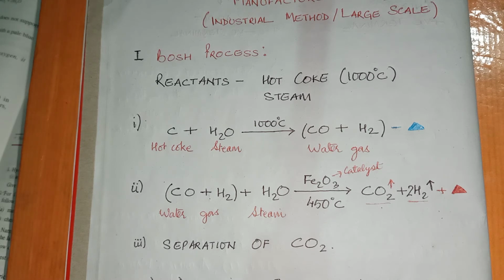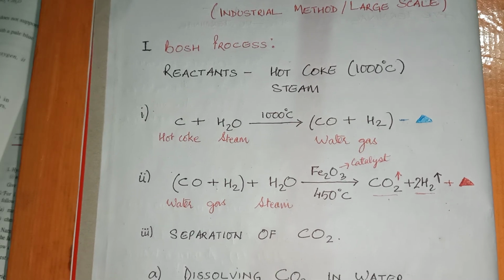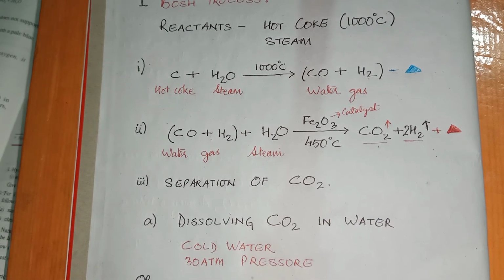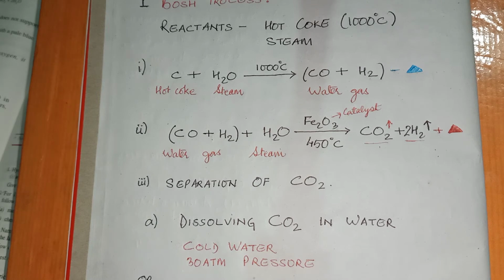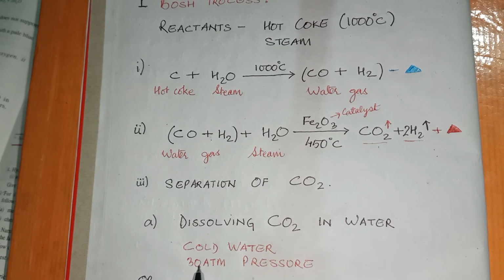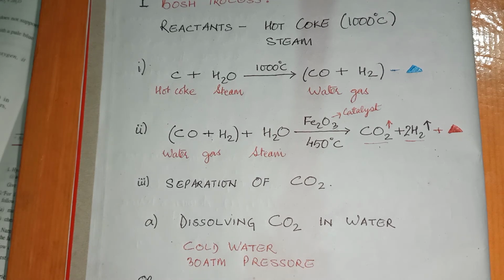Now, carbon dioxide can be removed or separated by two ways. So let us discuss those two methods. Firstly, carbon dioxide gas can be separated from the mixture of carbon dioxide and hydrogen by forcing the mixture to pass through cold water under very high pressure of something around 30 atmospheres.